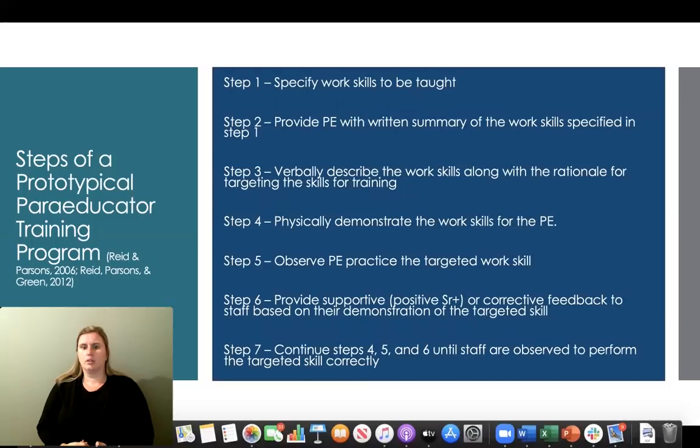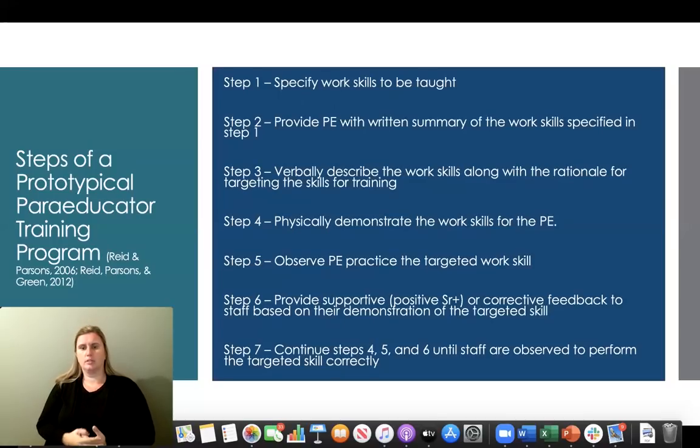So specifically, we're looking at specific components of training packages that are going to be most beneficial when training our paraeducators supporting students with ASD. Reed and colleagues have suggested steps of prototypical paraeducator training programs that are also considered evidence-based.